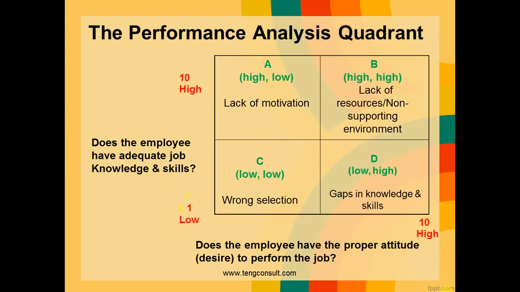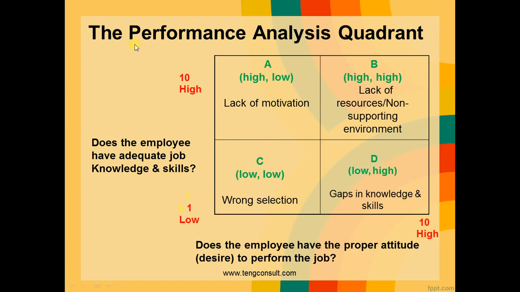The performance analysis quadrant could help us in distinguishing and therefore pinpointing the cause of the performance problem. We have here a grid that is divided into four quadrants. The quadrants are laid according to two criteria.